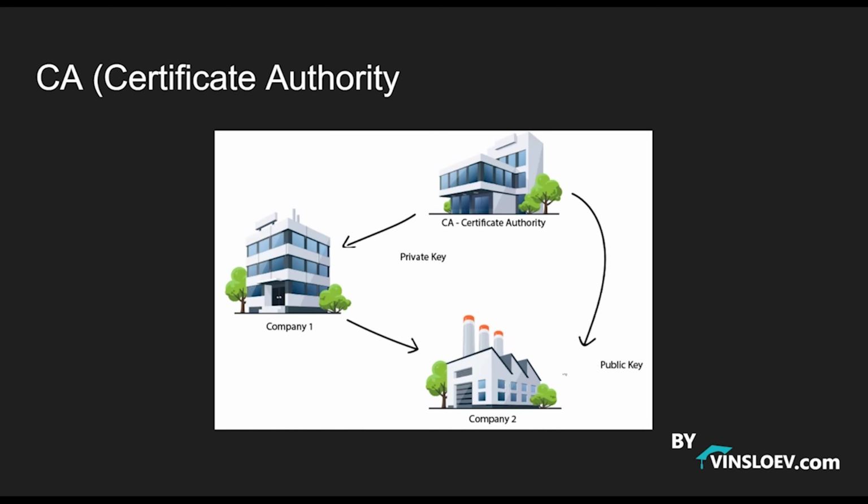So company 2 is getting the company 1 public key, and they can use the CA public key to decrypt the signed value.